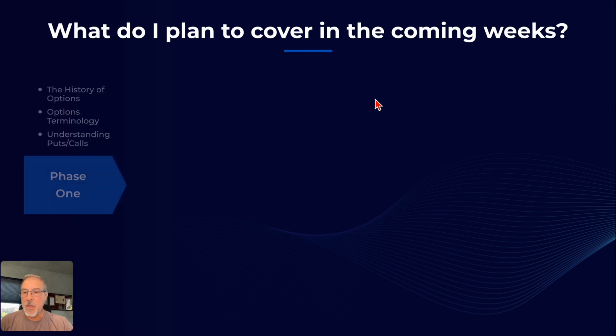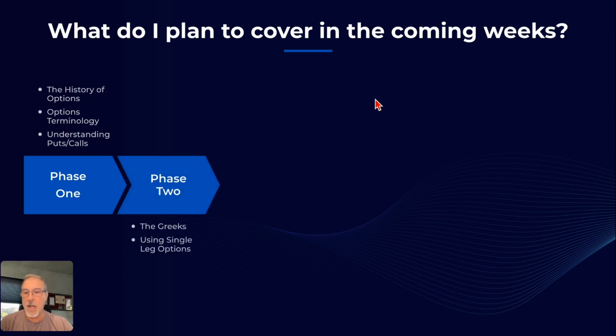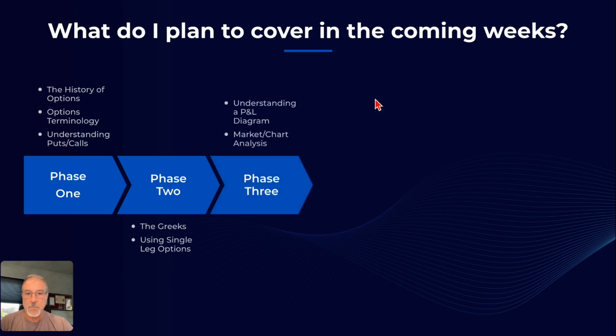Basically, today, in phase one, I want to look at the history of options. Then in a subsequent section, we'll get into options terminology, understanding puts and calls in more detail and how they work. Then there's going to be a session on the Greeks. After that, a session or two using single leg options, the pros and cons of that.